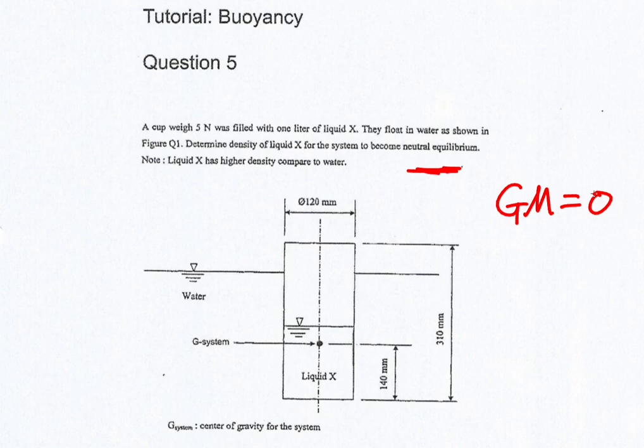So the simple example of Gm equal to 0 or neutral equilibrium is when you have something filled with water. For example, you have a cylinder like this, and your cylinder has liquid like this.